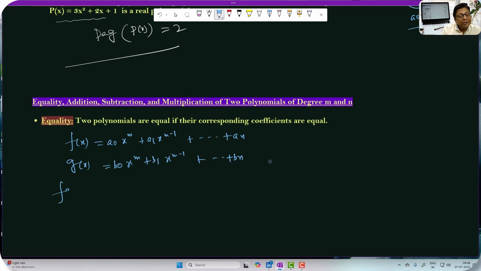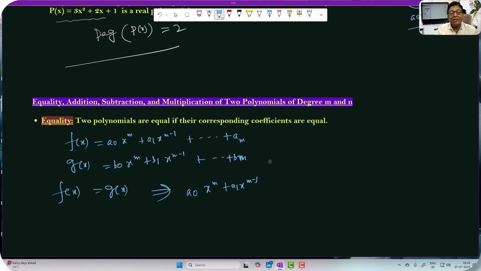If we say f(x) equal to g(x), this will imply they are of the same degree. What's the degree of this polynomial? That is m. m is the degree for both the polynomials.